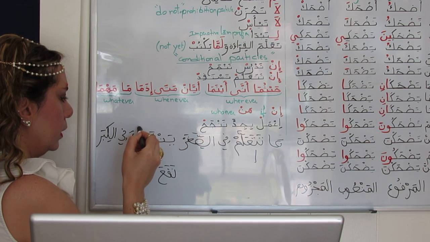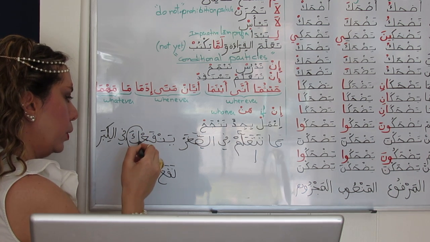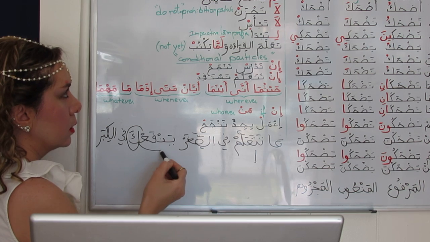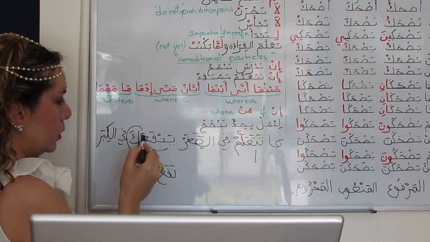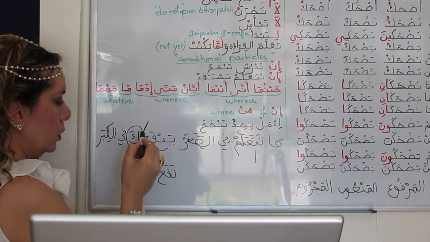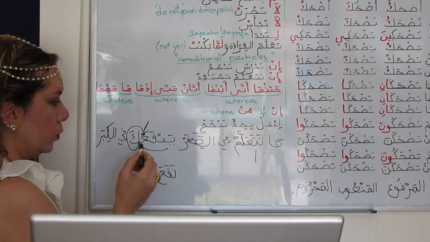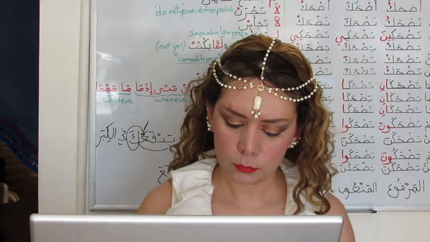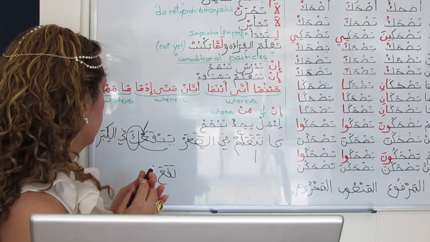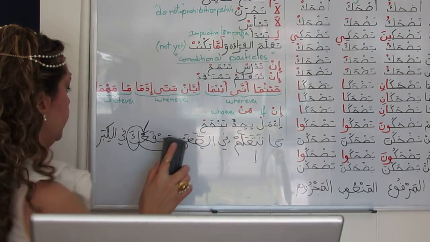Here we have a possessive pronoun attached to this imperfect jussive. Still you can see that we have a sukun in the end of the conjugated verb. So whatever you learn in youth will benefit you in old age. Okay?